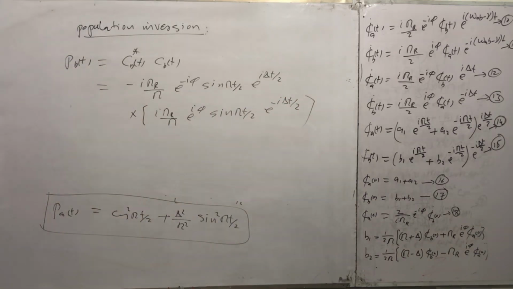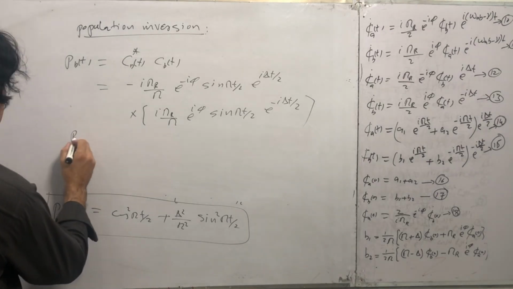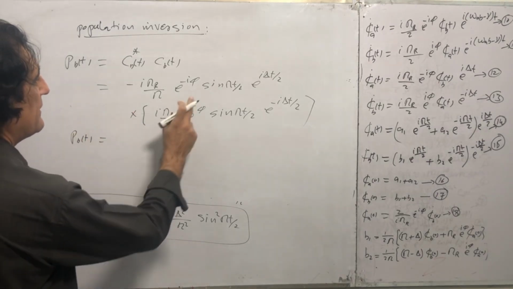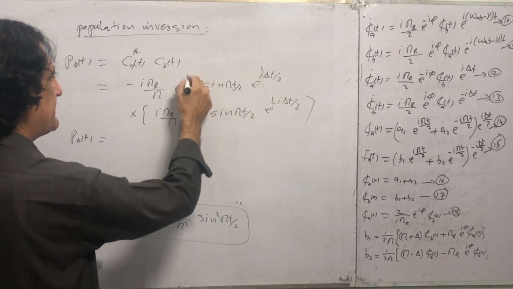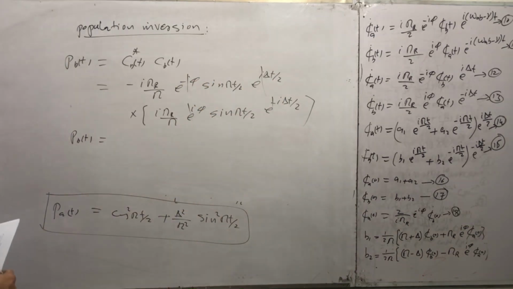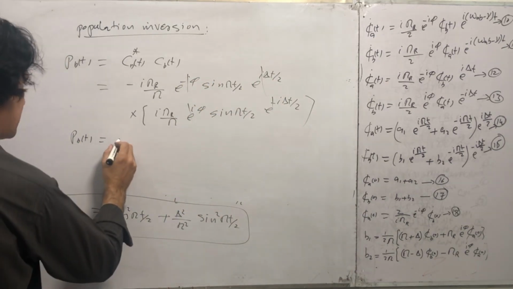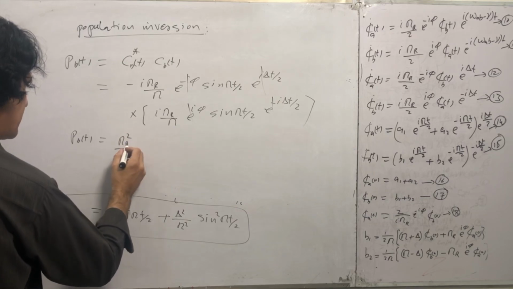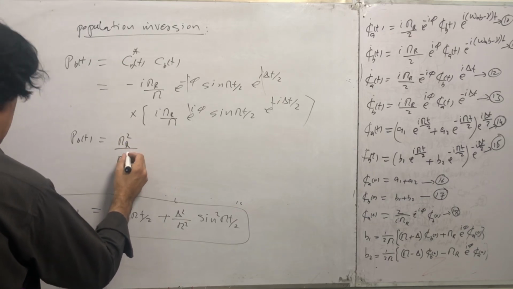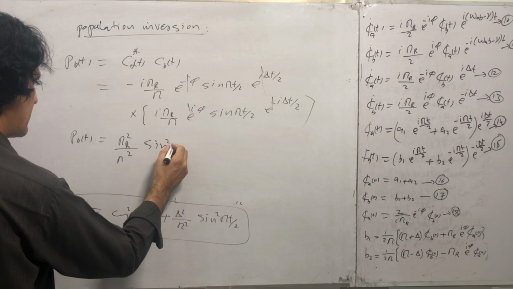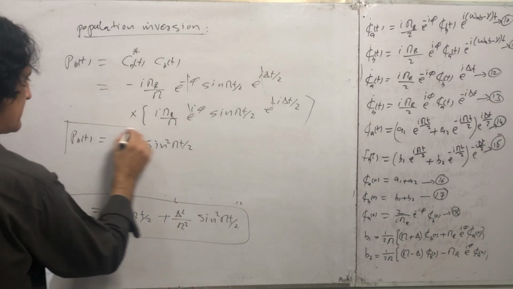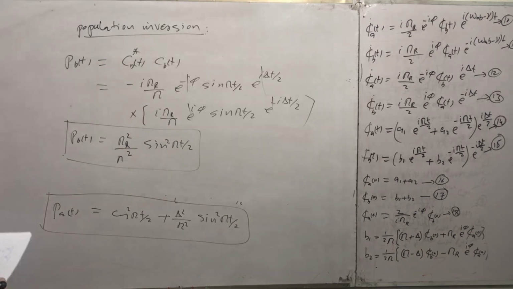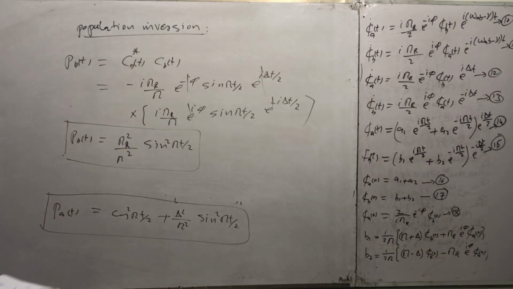If we multiply these terms, this and this will be cancelled out, and finally we get omega_r squared divided by omega squared, sine squared omega t divided by 2. So this is the probability of state B.